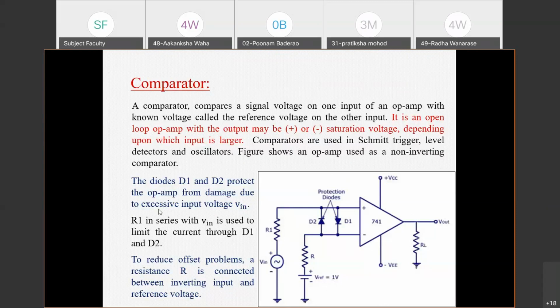Then again, these 3 points are nothing but the constructional details. The diodes D1 and D2 protect the op-amp from damage due to excessive input. So due to these diodes, what happens?